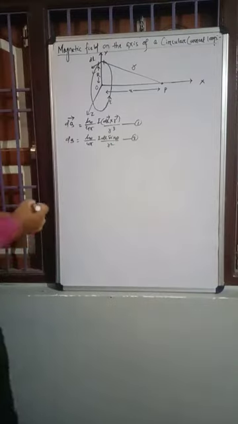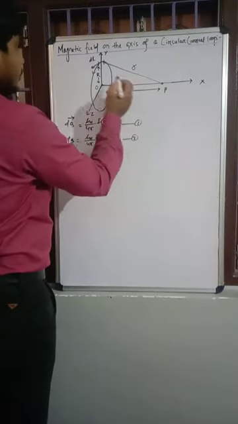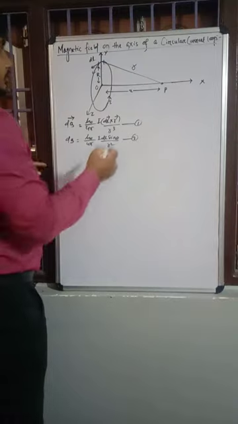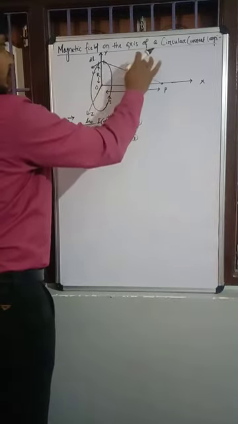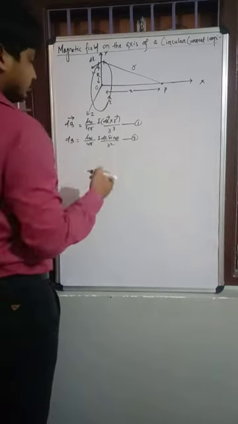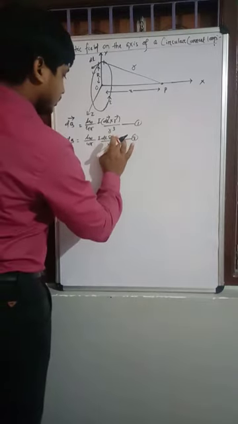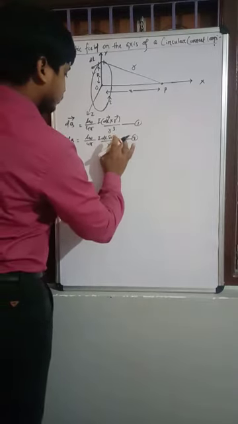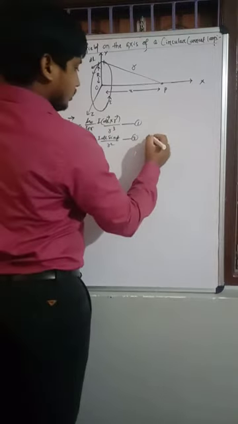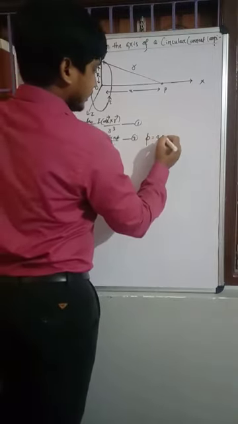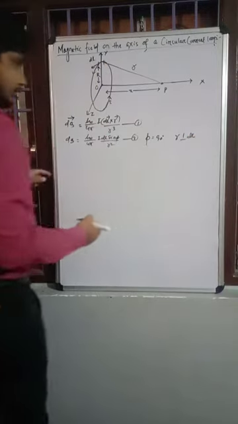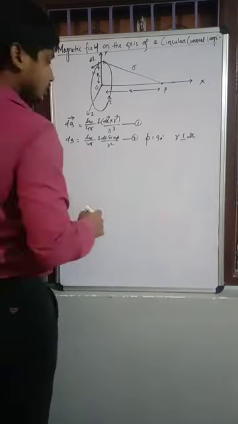But you can see that here, the angle between this r vector and this dl element, the position vector r and this dl, will be 90 degrees. Or better, I will take this as phi angle, sin phi. Here the phi angle will be 90 degrees. r will be perpendicular to dl, and the sin 90 value is 1.